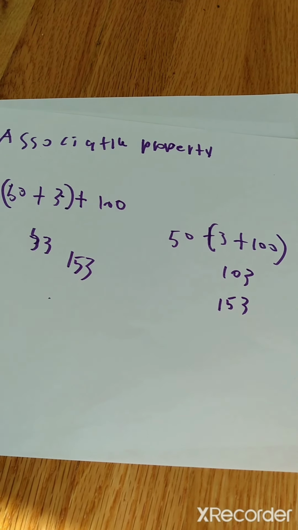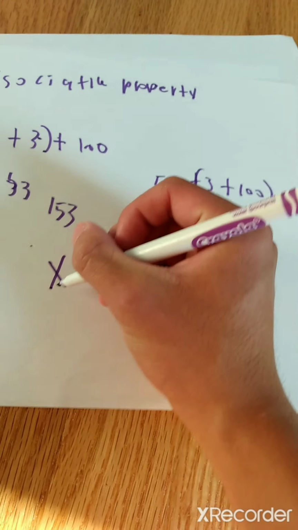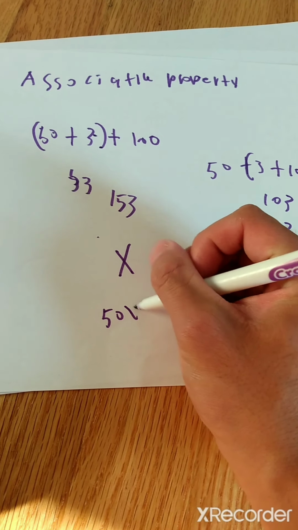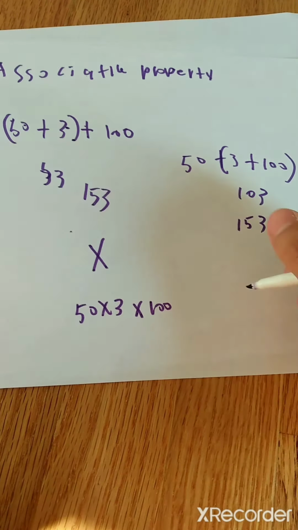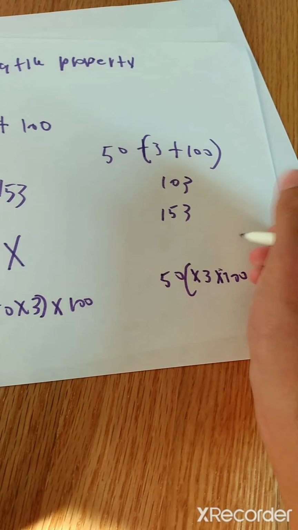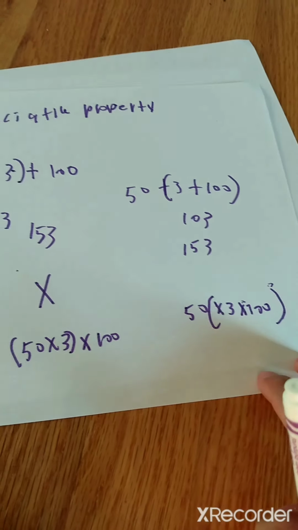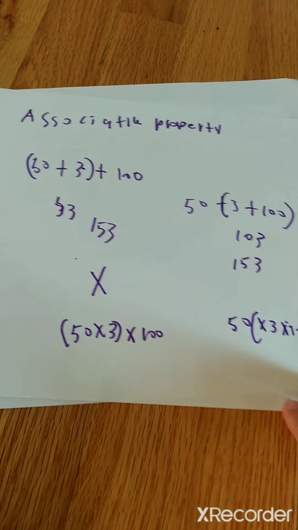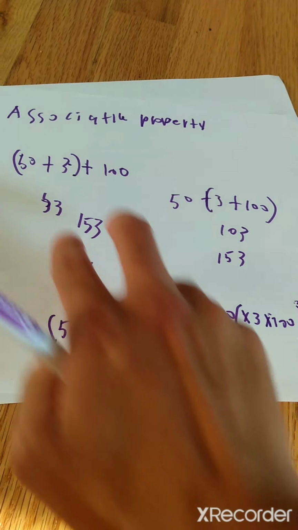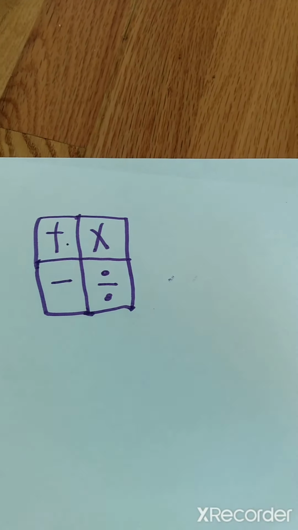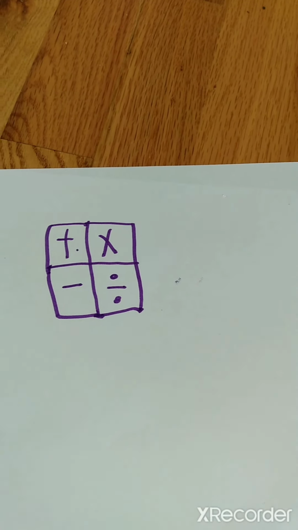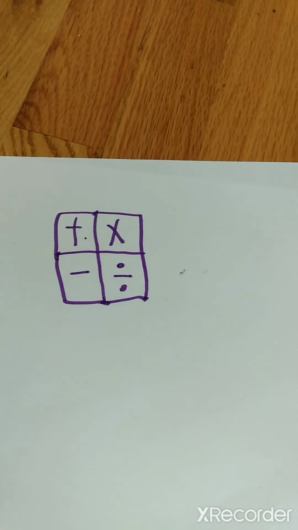This also works with multiplication, because if you have the same thing like 50 times 3 times 100, and you have parentheses right here, if you move the parentheses to 3 and 100, for example, the product will never change. So the commutative property is definitely going to relate to the associative property. You're associating these two numbers with this number. Adding and multiplying can work for the two moves that we do, commutative property and the associative property.